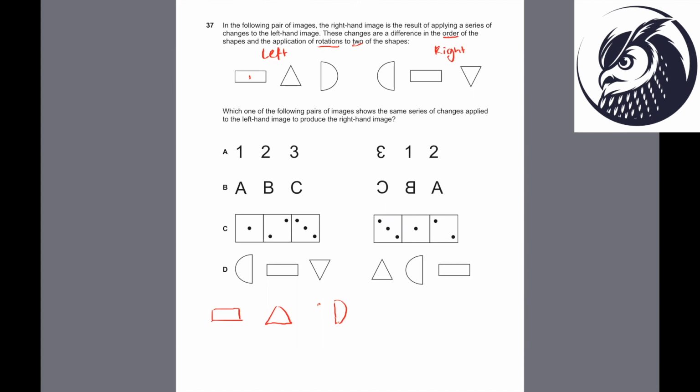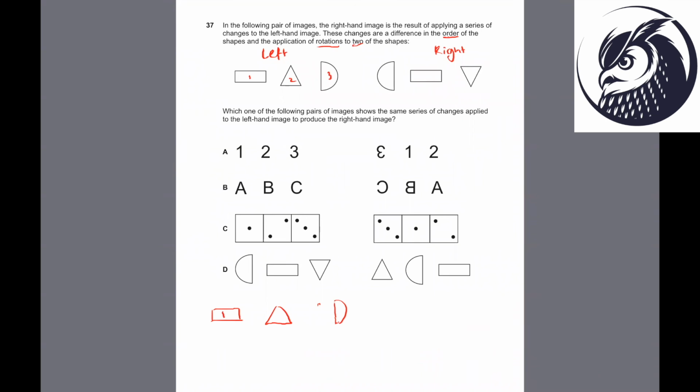So let's call this 1, let's call that 2, let's call that 3. So the rectangle, if you guys have a look at it, it's in position 1, on the left, right? But when we look at on the right-hand side, it has shifted one space to the right, and it has not been rotated. So this must be the shape that's not been rotated, okay?